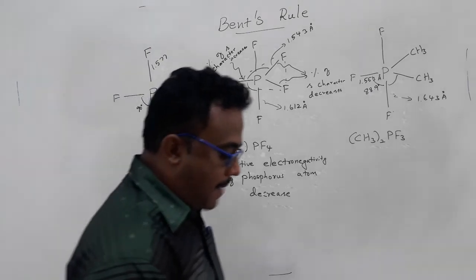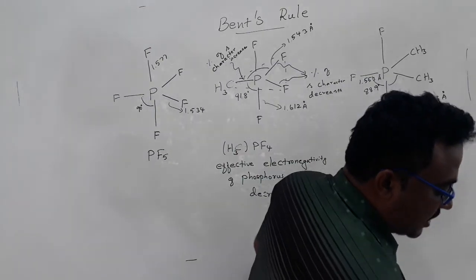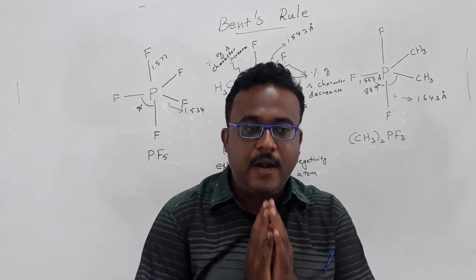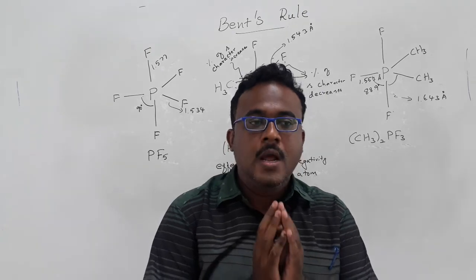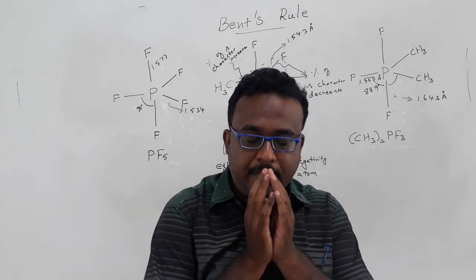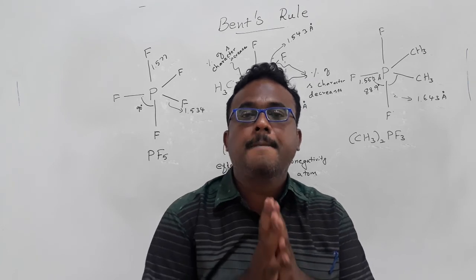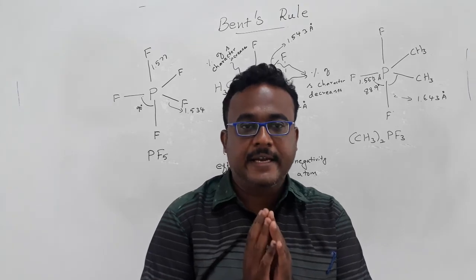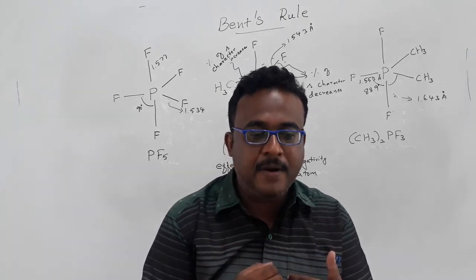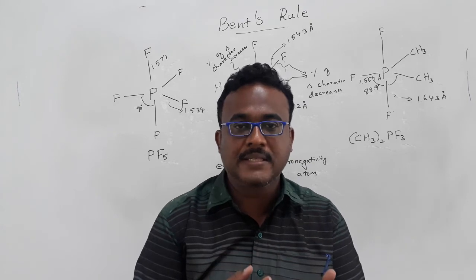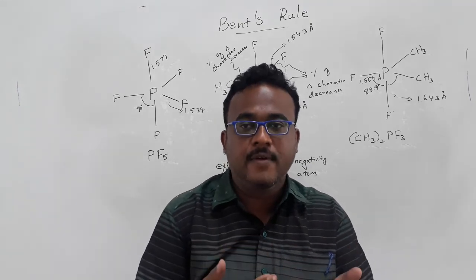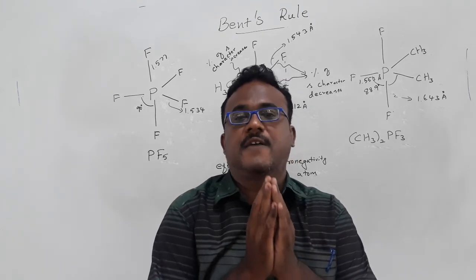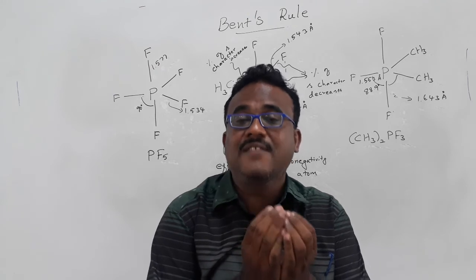Okay, now I am going to conclude for this session. First of all, Bent's rule. According to Bent's rule, electronegative substituents prefer hybrid orbitals having less percentage of s character. Normally, all of you know that when the percentage of s character increases, then the electronegativity will increase.